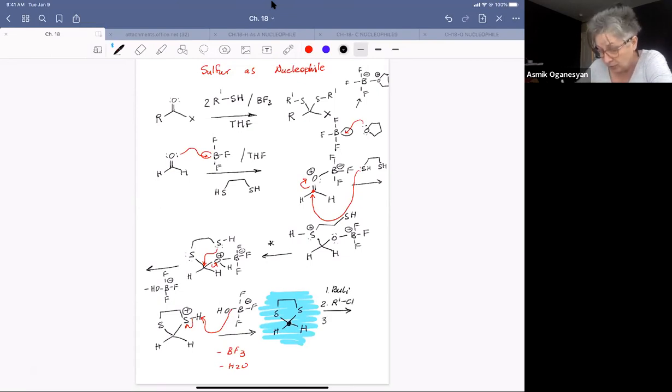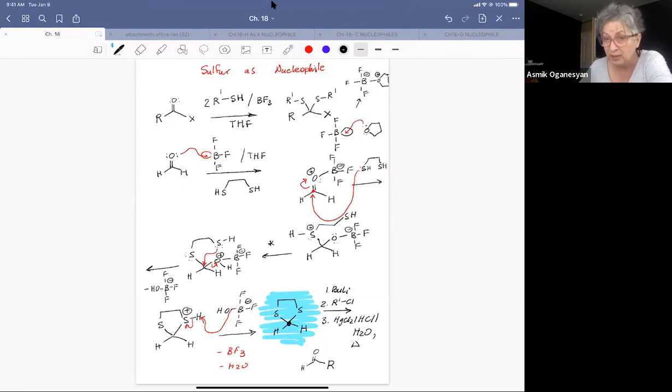And in the third step, react this compound with mercury-catalyzed acidic solution. We would form a different aldehyde.